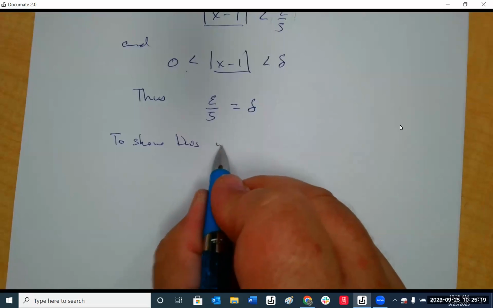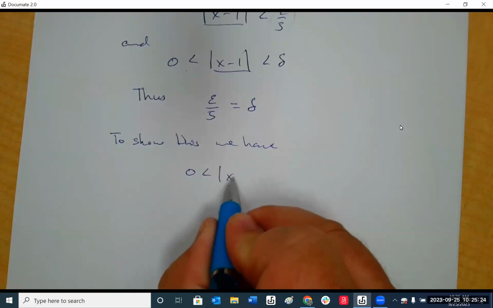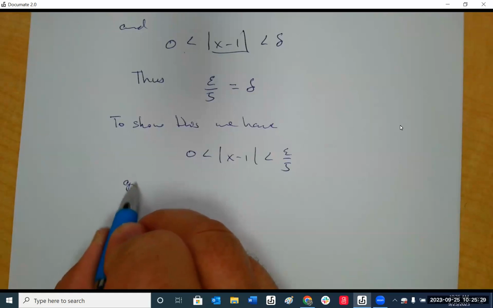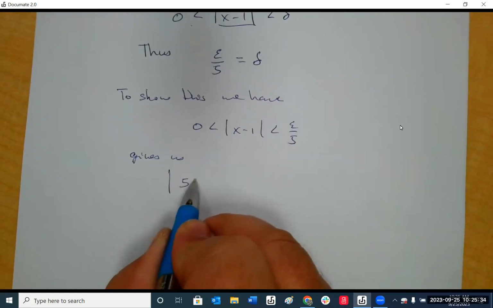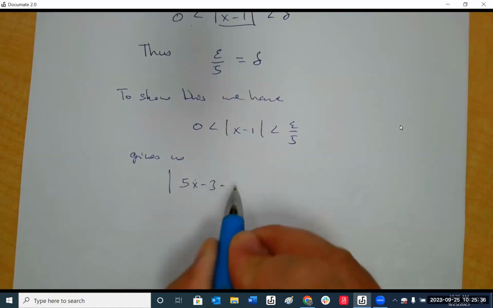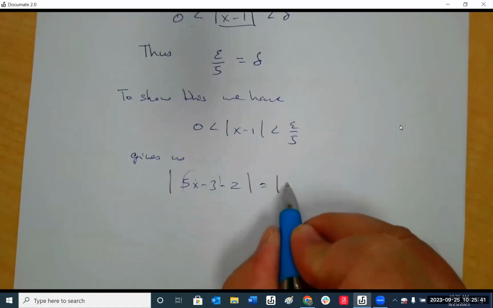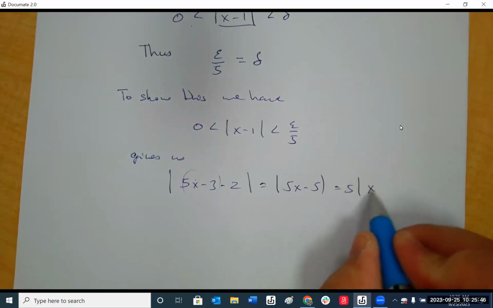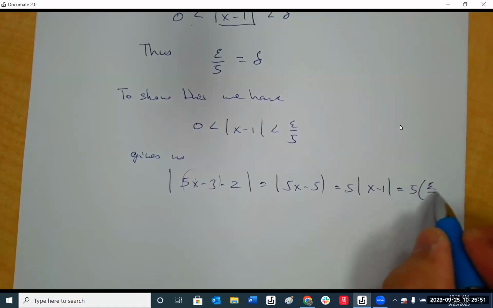To show this, we have 0 less than absolute value of x minus 1 is less than epsilon over 5. This gives us our f of x. This is f of x minus L, which is equal to 5x minus 5, which is equal to 5 times x minus 1, which is less than 5 times epsilon over 5, which is equal to epsilon.